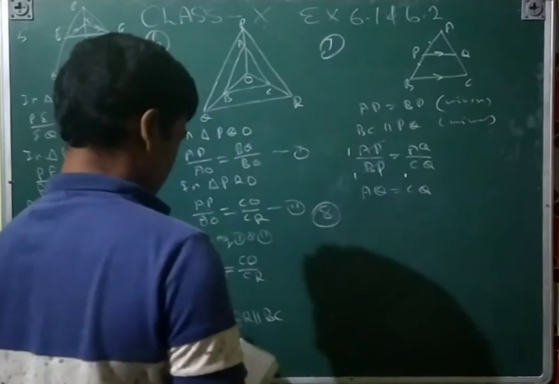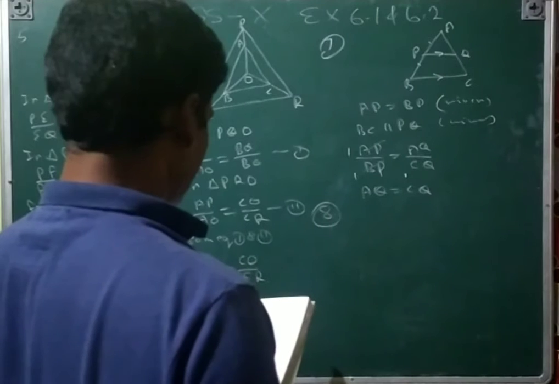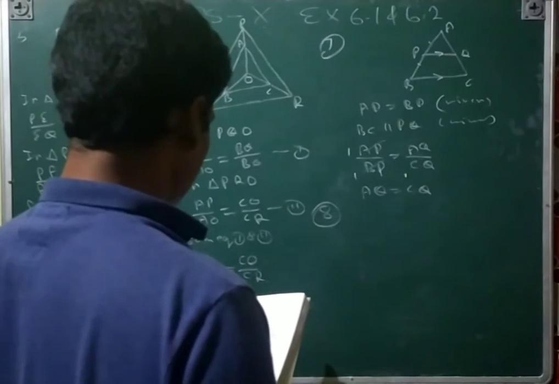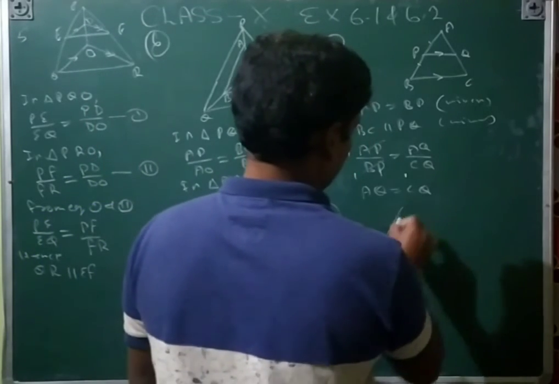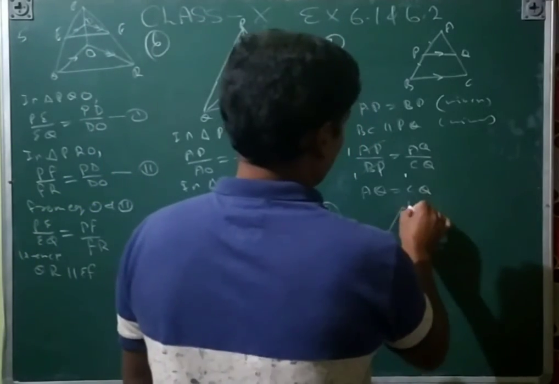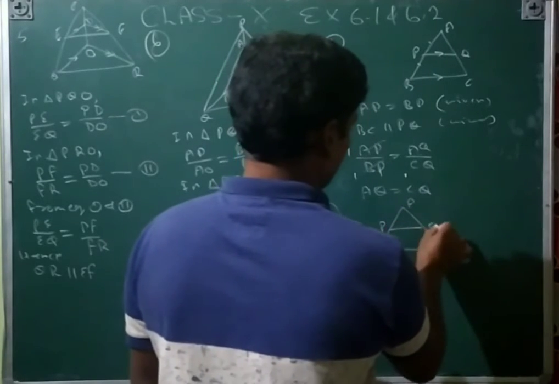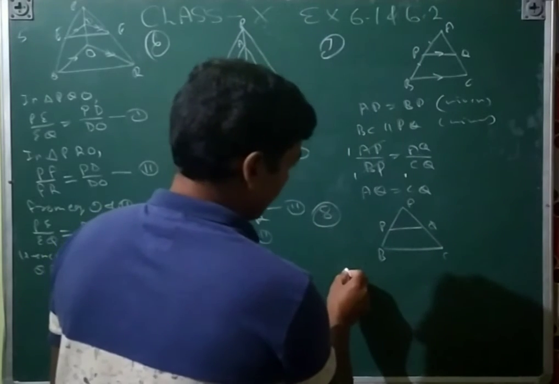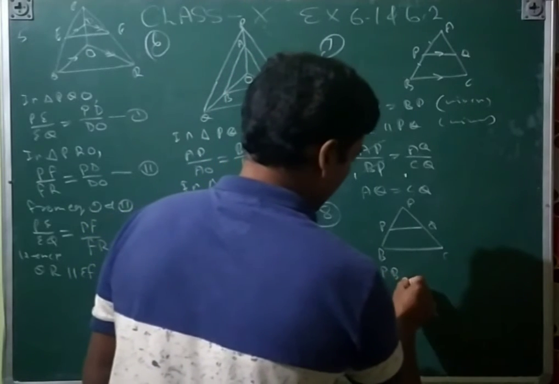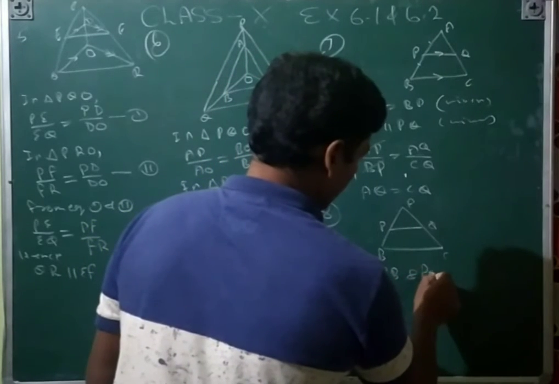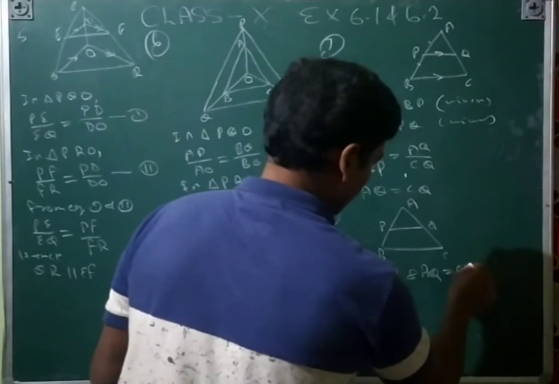Eighth question, using theorem 6.2, this is a converse of the BPT, prove that the line joining the midpoints of any two sides of a triangle is parallel to the third side. Similarly, here is given same diagram A, B, C, P, Q. Now it is given AP is equal to PB and AQ is equal to QC.